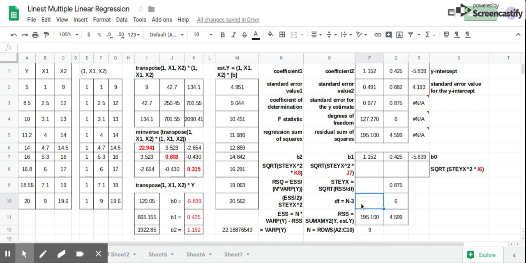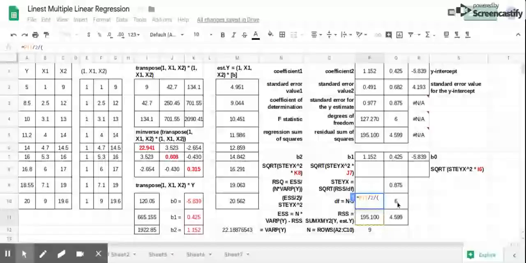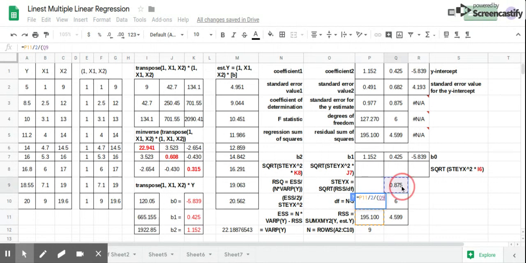Now we can go back to the F statistics, which is equal to ESS divided by 2 divided by the square of the standard error of the estimate, which is this to the power 2. That gives you 127.27, which matches our calculations.